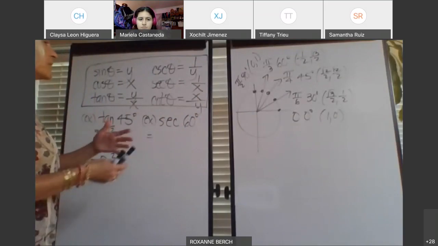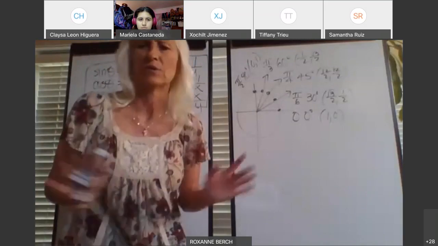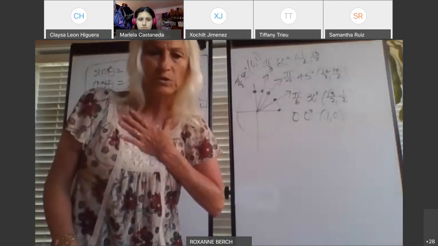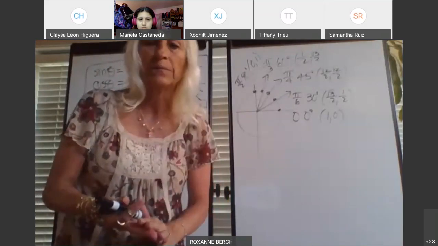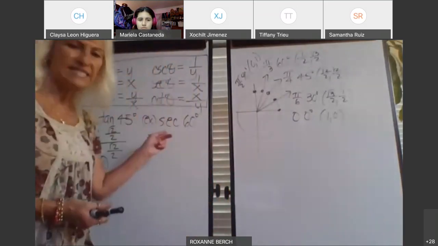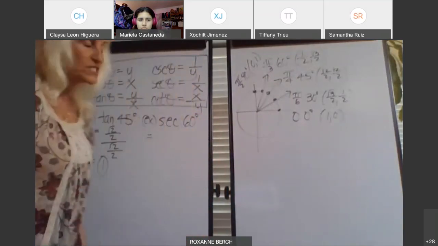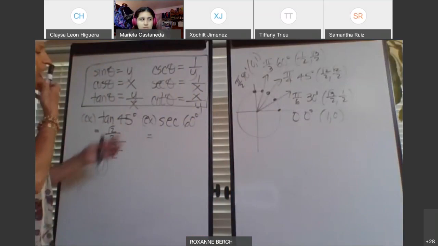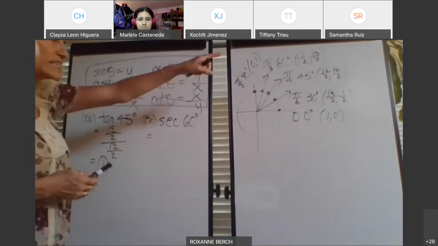As soon as you see secant, because we don't really like working with the reciprocals, I don't work with the reciprocals normally. I only work with sine, cosine, and tangent. So the minute I see that word, I think cosine. So if I think cosine, I just go, oh, it's reciprocal. So what is cosine of 60?